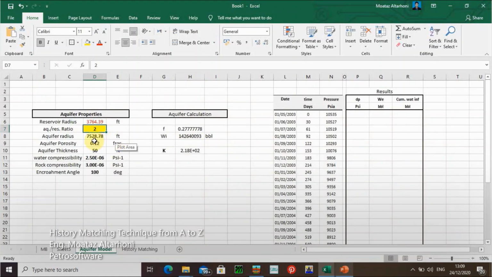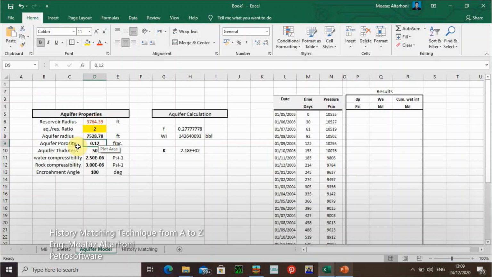Also the aquifer radius depends on this value. So if I have a ratio of 2, when I multiply by the reservoir radius, it will give us the aquifer radius.